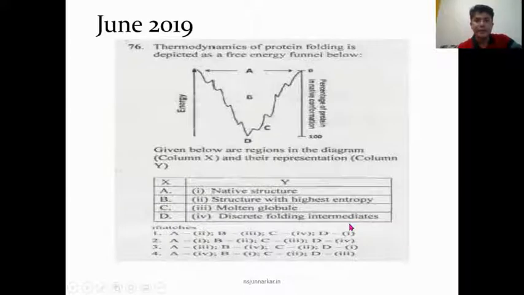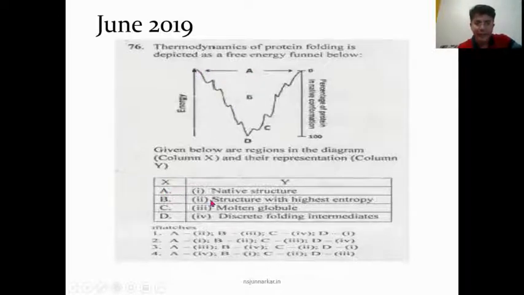So here you can see that this is the protein which is in totally unfolded form. That is 0% of the protein is in native conformation. That means the entropy of this conformation will be the highest one.